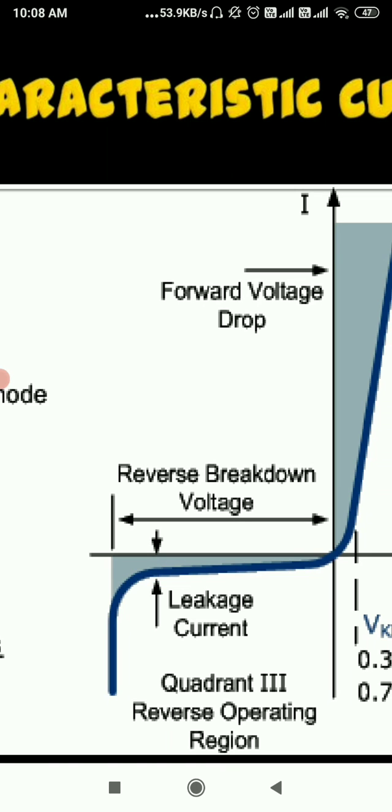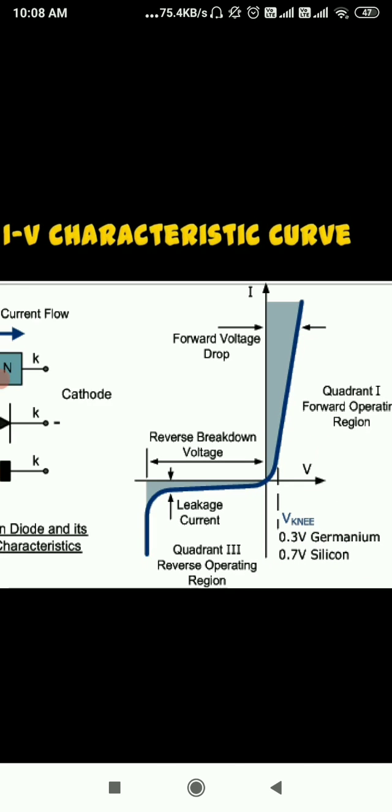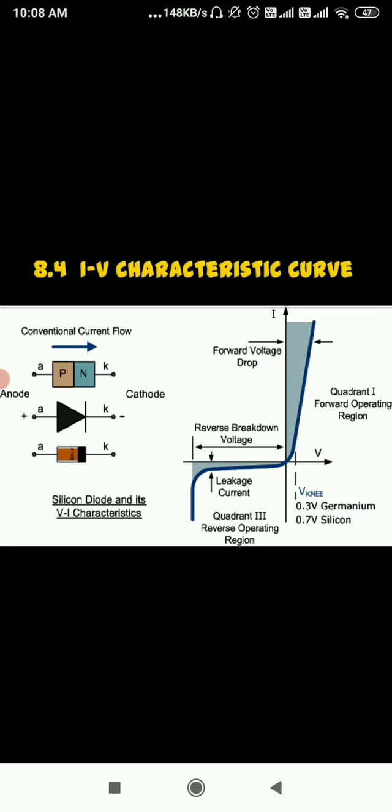Horizontal blue line. That current we are saying as a reverse saturation current. And when the voltage reaches the breakdown voltage, at that time the value of current will increase, and that voltage we are saying as a reverse breakdown voltage. वो voltage को हम क्या बोलते हैं? Reverse breakdown voltage. So these are the VI characteristics for a PN junction diode.